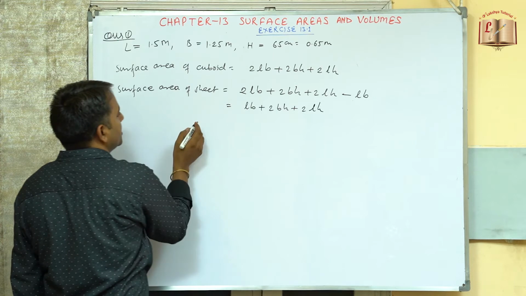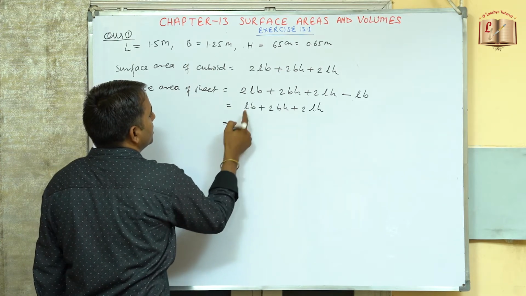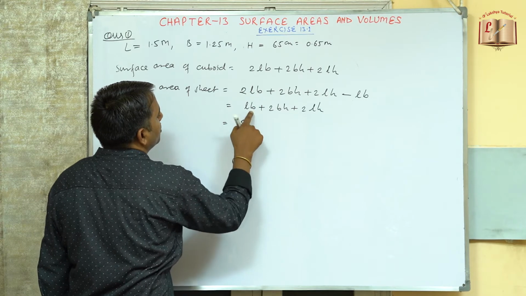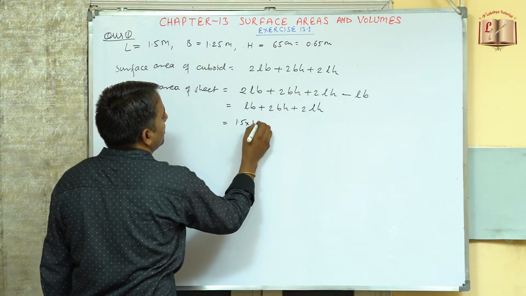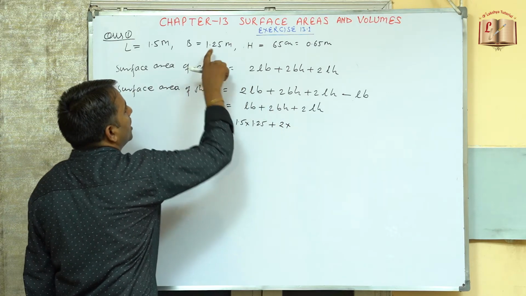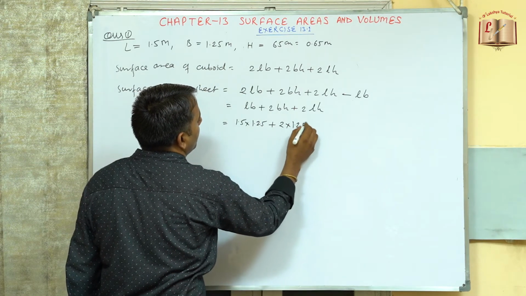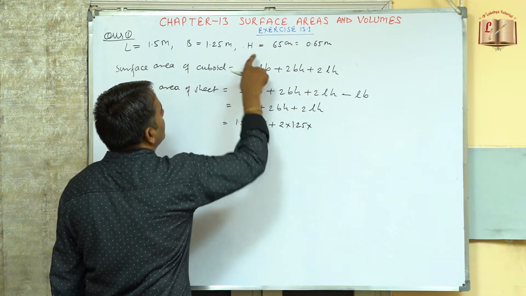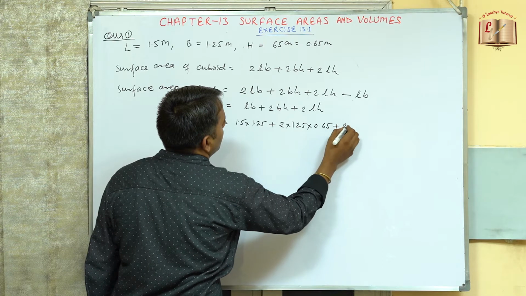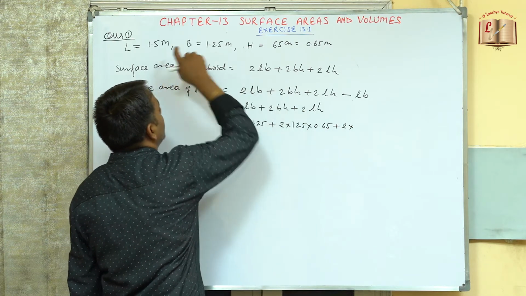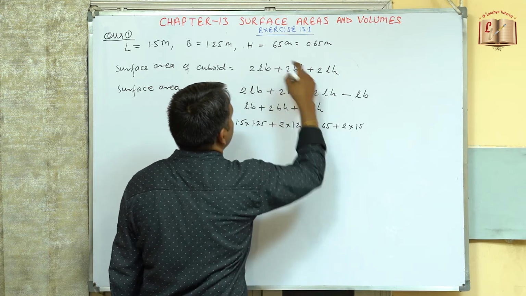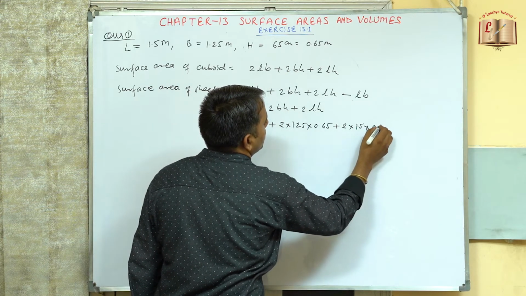अब हम इस फॉर्मूले में सारी वैल्यूज को पुट करेंगे. So this will be equal to length is 1.5 into width 1.25 plus 2 into width, already given 1.25, into height 0.65 plus 2 into length is 1.5 and height is 0.65.